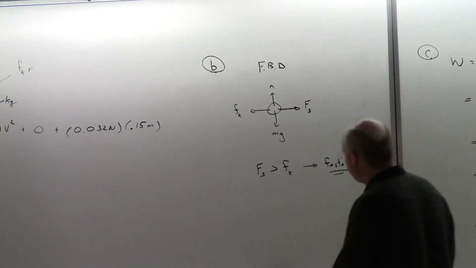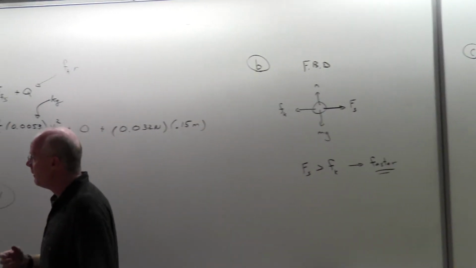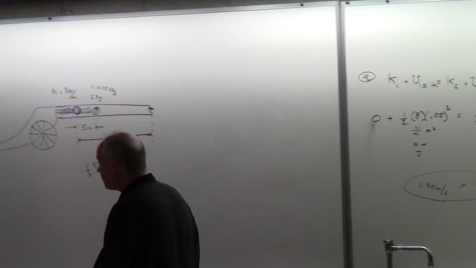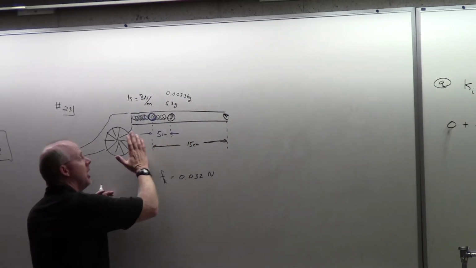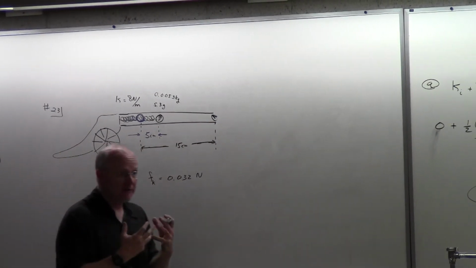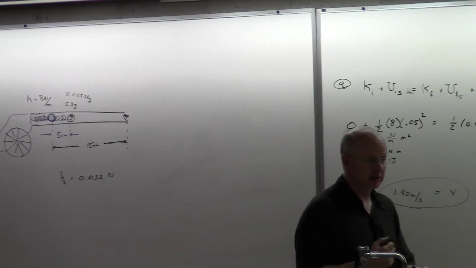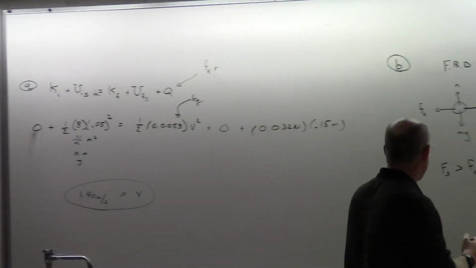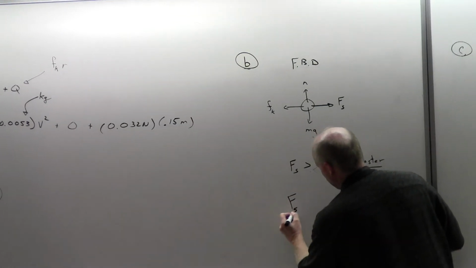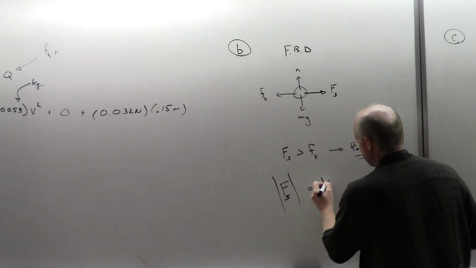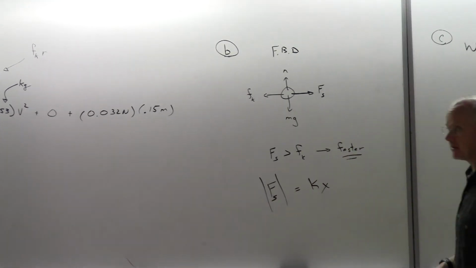And so as long as the force from the spring is greater than friction. And so early on, way back here, when this thing is compressed, then the force from the spring, at least the magnitude of it, is kx. Not worrying about the negative sign there.